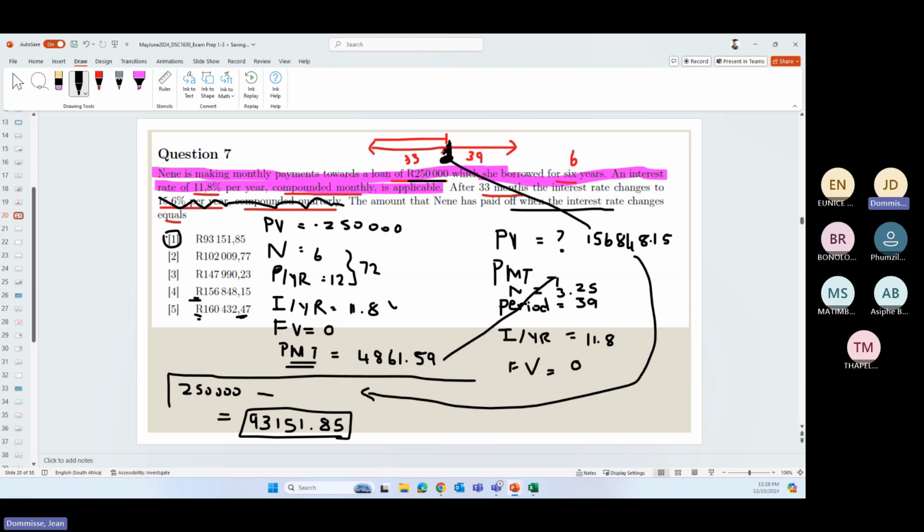So again, there are a few things in this one that we need to work out. And sometimes, although it's a simple diagram, it does make sense just to draw the timeline.